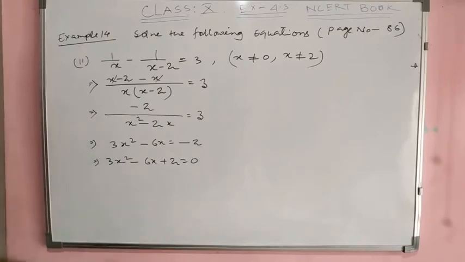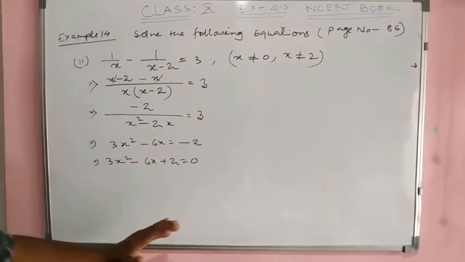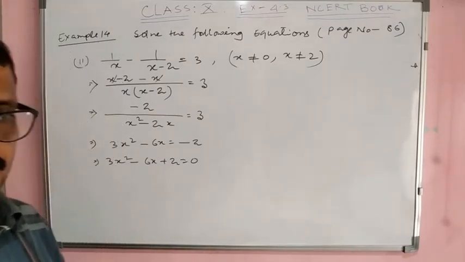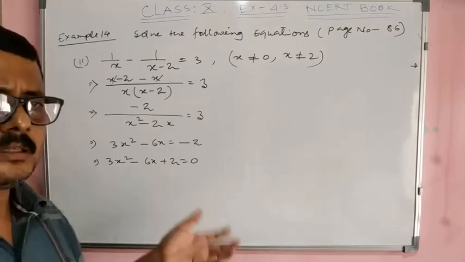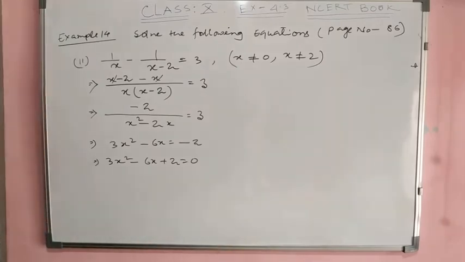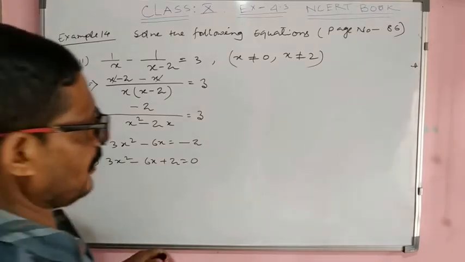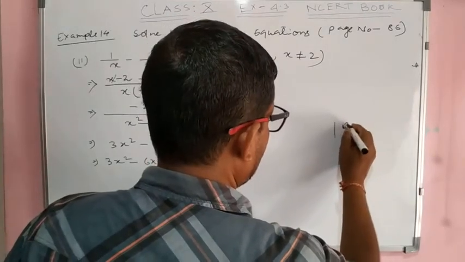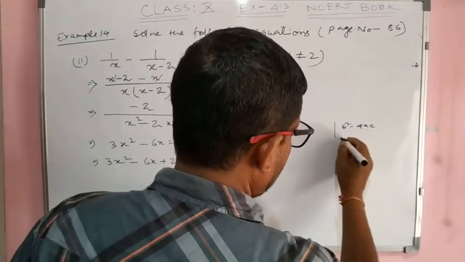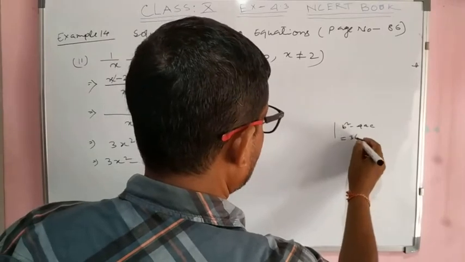Now this is the standard form of the equation. Again we have to check whether we can apply the factorization method, or the completing square method, or the quadratic formula. That depends on us. So before this, try to check the discriminant mentally. B square minus 4ac. I am showing it here, but you try to check this one mentally.